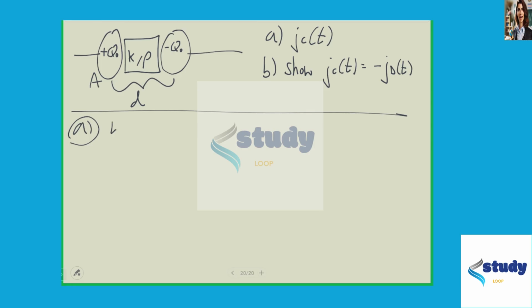Ohm's law is probably a good place to start. So we know that current is equal to voltage divided by resistance. And then what's the voltage of a capacitor?